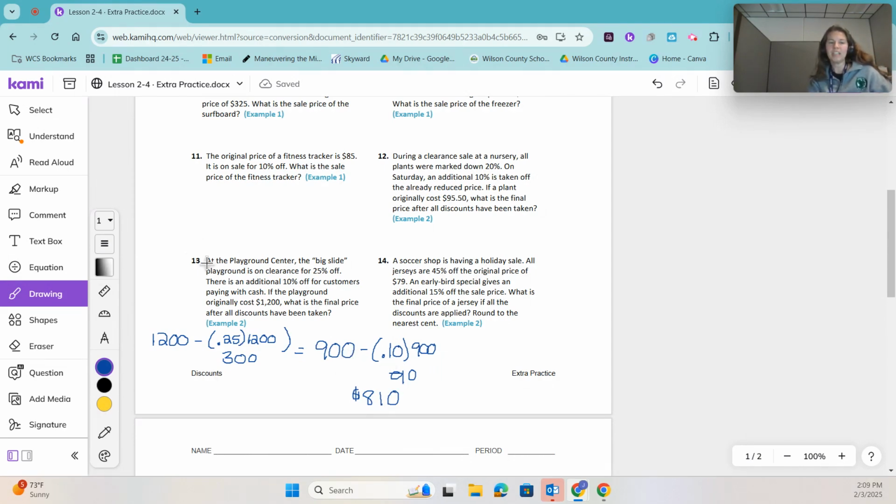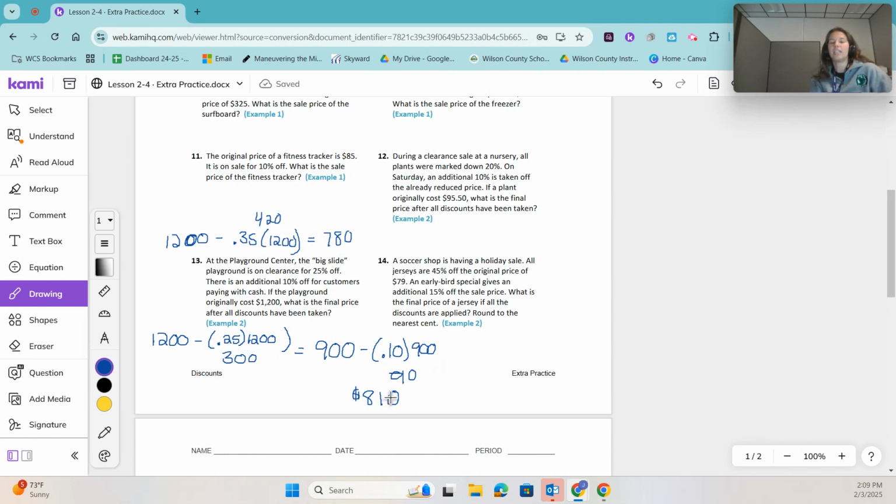Now, let's take a look at what would have happened if we added those together. We would have done 1200 minus this 35% times 1200. My savings would have been $420 instead, and so you would have gotten $780 as your price.